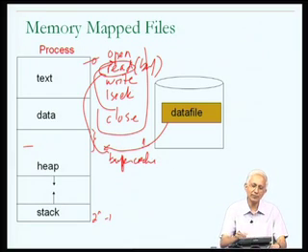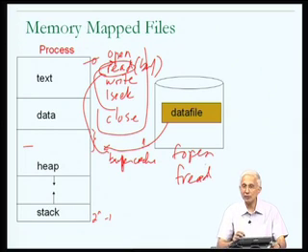Now, even if I had set up the program to operate using the standard IO library, fopen, fread, etc., data copying would have been involved, not from the disk to the buffer cache and from the buffer cache to the buffer, but from the standard IO library buffer into the buffer of my program. So once again, data copying would have been involved. And that would have been the case if I had not used memory mapping.